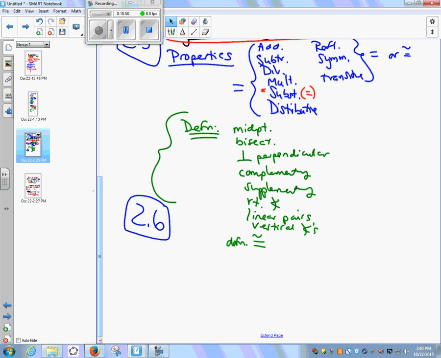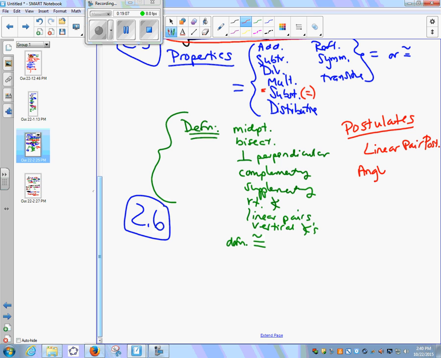And then we also talked about some of the postulates that we learned before. Linear pair postulate. Angle addition postulate. Segment addition postulate.